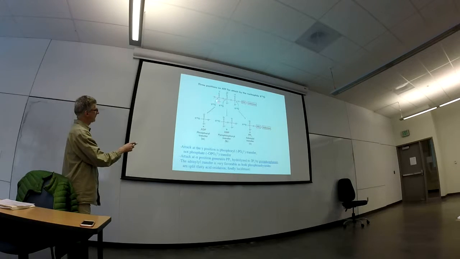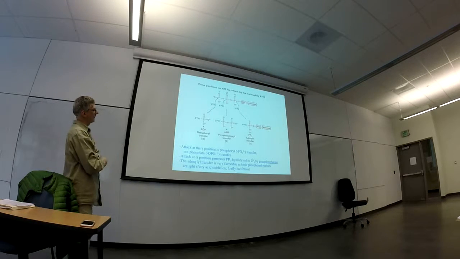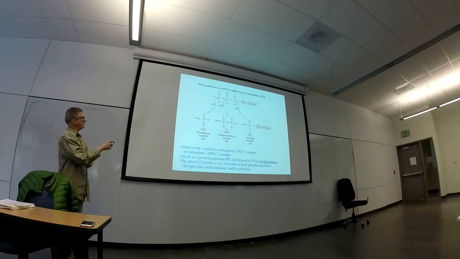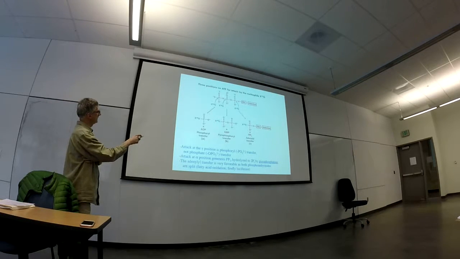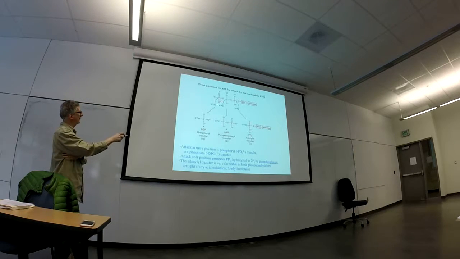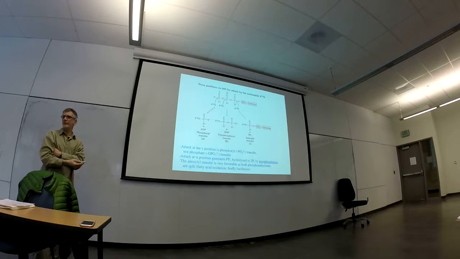But you can imagine an attack of an oxygen nucleophile linked to something on the gamma or the beta or the alpha phosphorus atoms of ATP. And here you're forming ADP and transferring the phosphoryl group, the PO3. This PO3 part would be transferred to here. This would be a phosphoryl transfer.